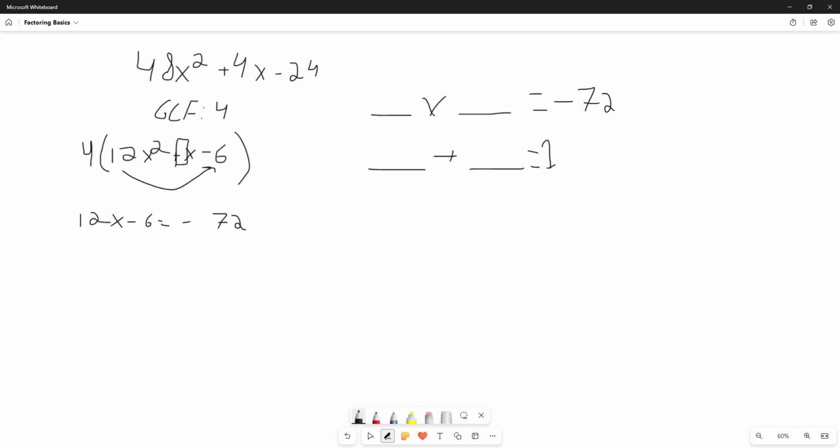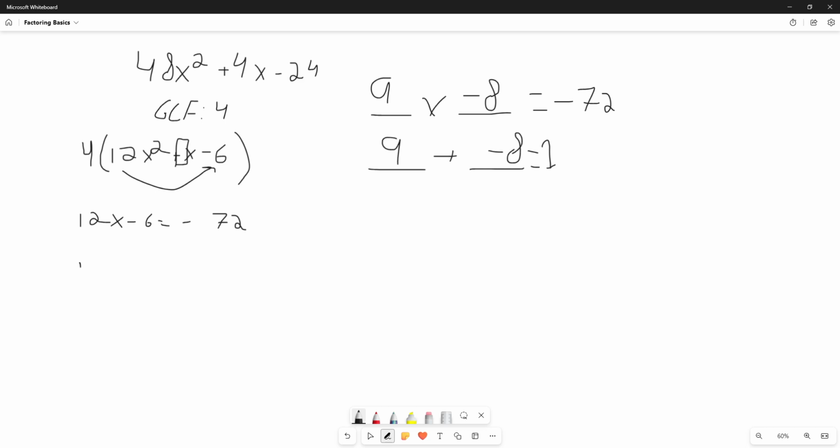You can do this by making out a factor chart, but from here we can kind of just see that it is just 9 and minus 8. 9 times 8 is 72. So 9 times minus 8. And 9 plus minus 8 is just 1.